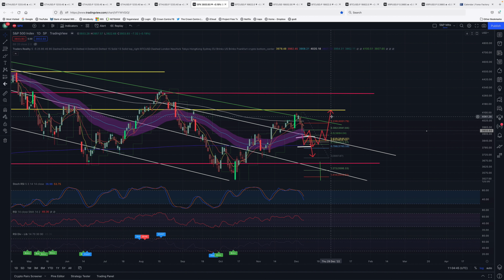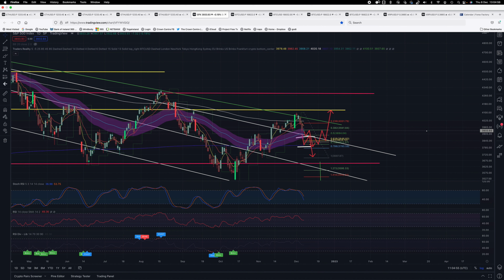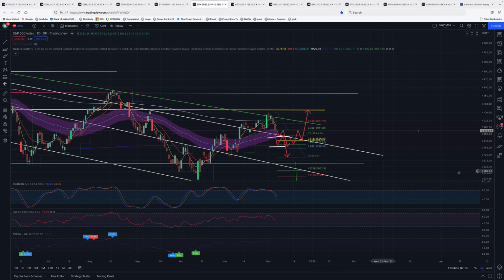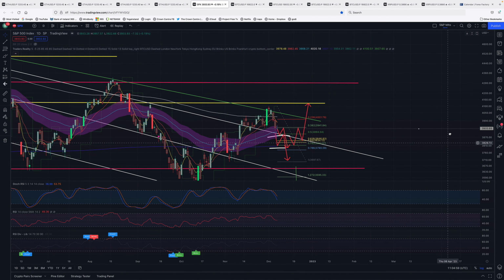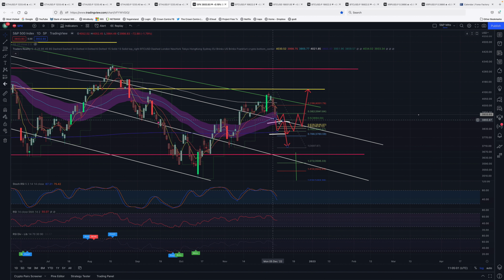In order to either reverse to the upside or continue to the downside, we need to see that wedge being back tested and that 0.5 correction being made. Same as in yesterday's talk. So we need to see this white line here being back tested. If it is back tested and it holds, we're going to do another swing up.